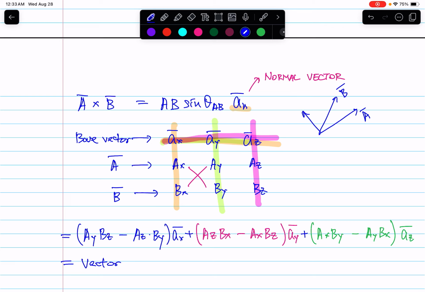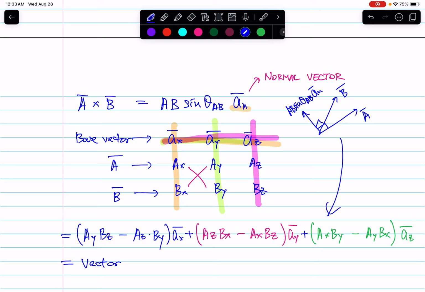Then you have AB sine theta AB with the normal vector an. So this is normal to this and also normal to this. Okay, and this expression is this.